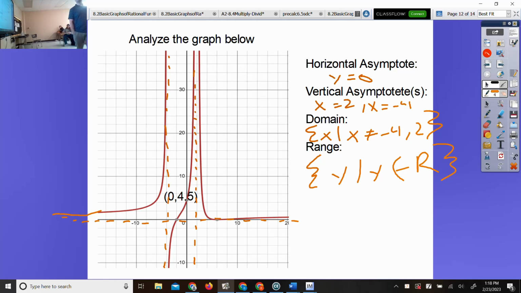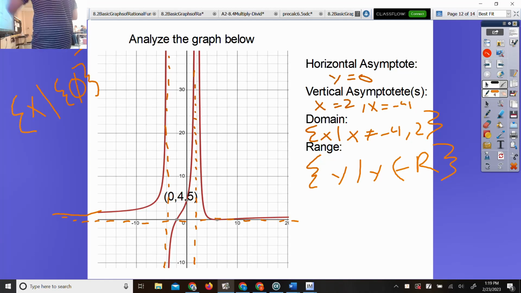We'll even see some funny things like this. You might see something like this. What does that mean? Actually, that isn't zero. That's null, which means nothing. It means x is nothing.